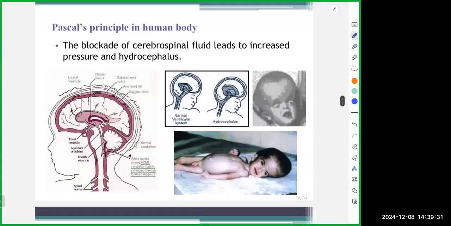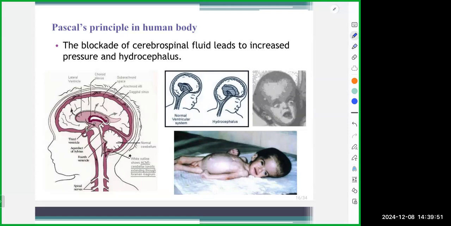And this one is another example, for a baby that got a disease when the cerebral spinal fluid is blocked.